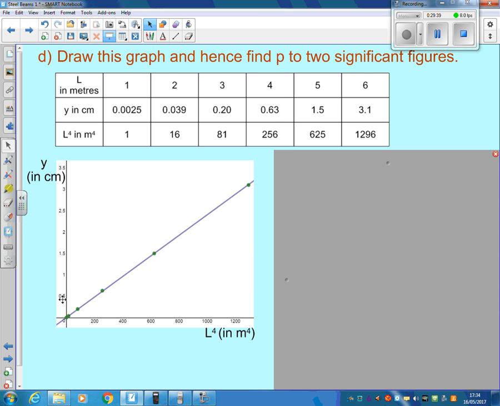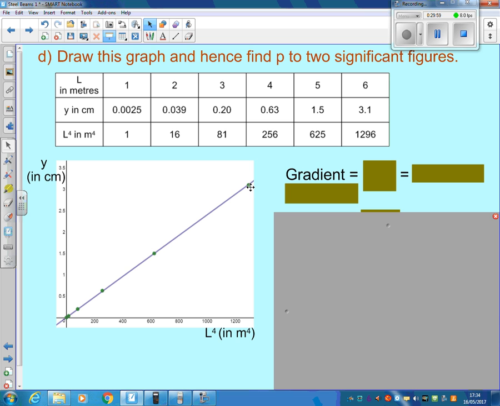Now, you've done these before. If you've got this, you immediately look for your gradient. We always try to find the gradient. Now the gradient, you'd normally do a nice triangle, amount up divided by the amount across. Because it goes through the origin, I can cheat a little bit here to work out my gradient. I'm just going to look at that point because they all nicely fit. If this point hadn't fitted nicely on the line, I wouldn't do that.